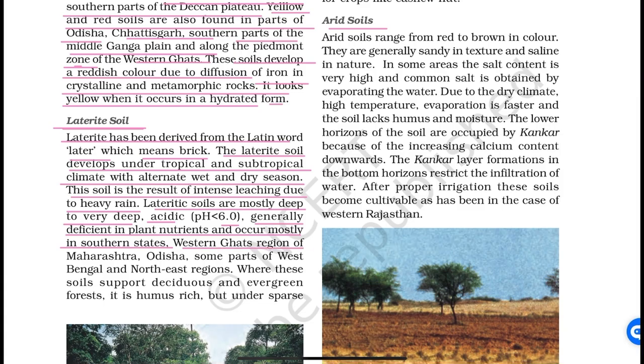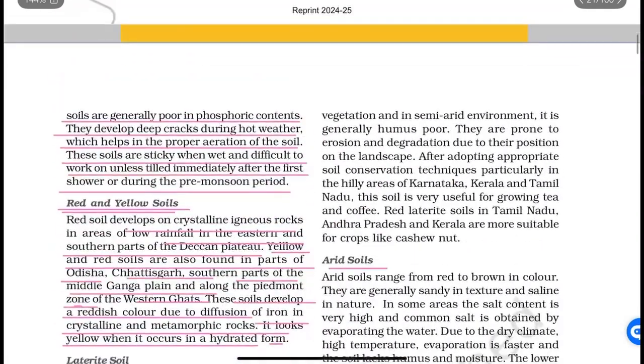Western Ghats region of Maharashtra, Odisha, some parts of West Bengal and Northeast regions, where these soils support deciduous and evergreen forests. It is humus rich under dense vegetation, but under sparse vegetation and in semi-arid environment it is generally humus poor. They are prone to erosion and degradation due to their position on the landscape.